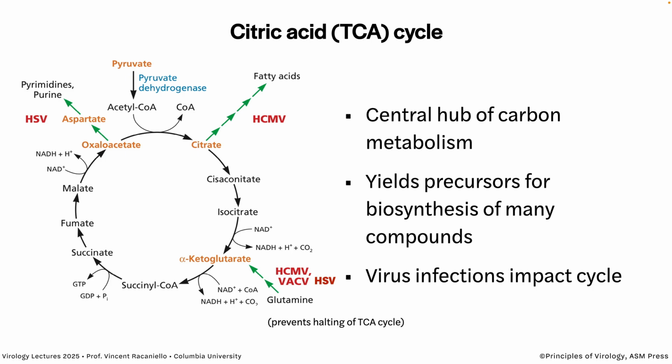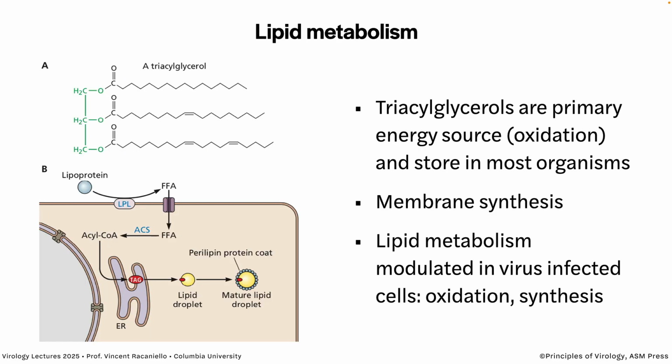They pull glutamine in to prevent halting of the TCA cycle. And then HSV pulls off oxaloacetate, changes it to aspartate, which are eventually converted to pyrimidines and purines, which are made for nucleic acids, right? And again, consistent with this idea that herpes simplex needs a lot of nucleotides, this short replication cycle.